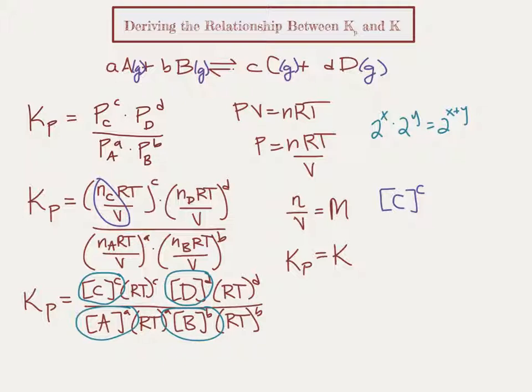We're going to end up with RT to the c plus d on the top, divided by RT to the a plus b on the bottom. Now, if I remember correctly from algebra, if you have 2 to the x over 2 to the y, that equals 2 to the x minus y.